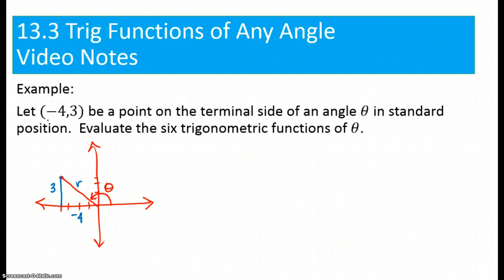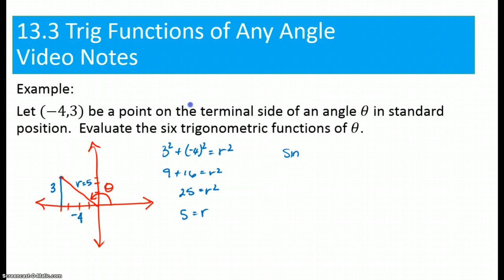Remember that I can use the Pythagorean theorem: 3 squared plus (-4) squared equals r squared. So 9 plus 16 is r squared. 25 is r squared, so r is 5. So r equals 5.